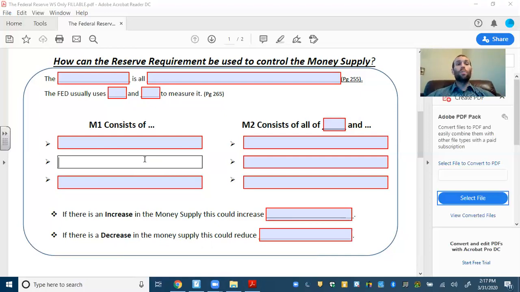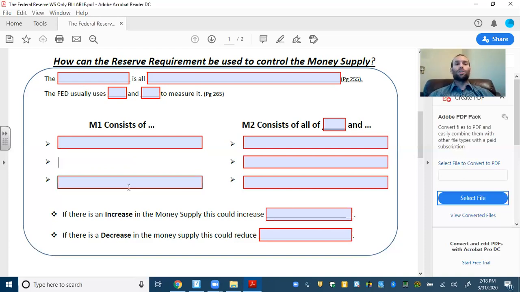For example, you may be using your check card or debit card, which pulls money right out of your checking account to buy stuff. How long does it take for you to use the money in your checking account to buy things? The answer is immediately. You hit swipe and boom, that money is gone. So M1 consists of all physical currency as well as demand deposits, also called checkable deposits. You might want to put both there. So if you see one, you know that it's checking account and therefore M1.